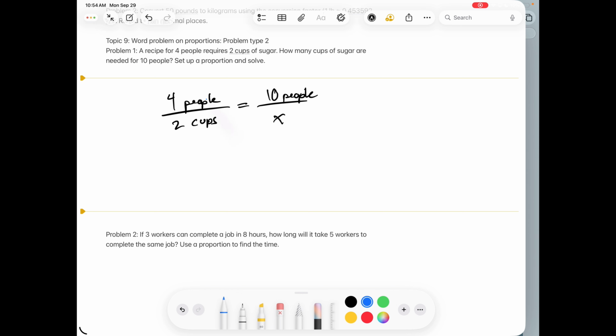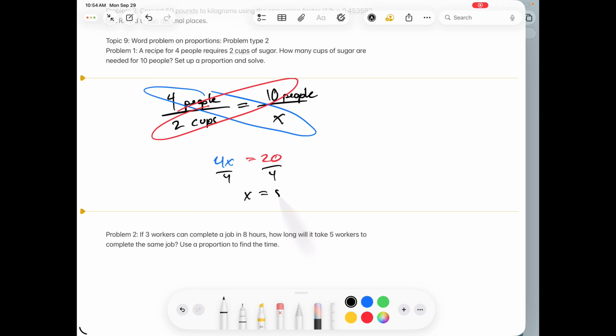So now I do 4 times x and 2 times 10, divide by 4, and x equals 5. So it's okay to write the labels on there to make sure that they match. I have the people on top, I have the cups on bottom, and then also I know that this recipe goes with this one. 4 people, 2 cups, and then 10 people, how many cups? So they always match up like that.